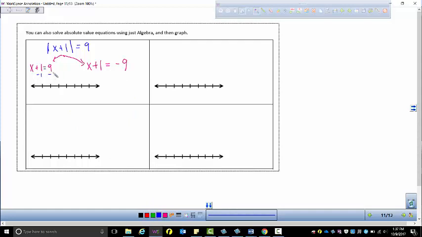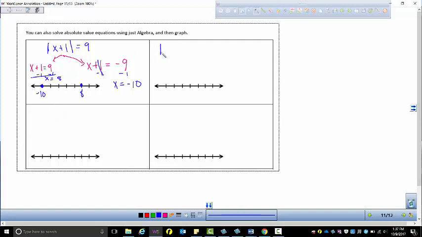Minus 1, minus 1, so x equals 8. And then you do minus 1, minus 1, so x equals -10. So those are my 2 answers. If you were going to graph, you would have -10 and 8. Here are your 2 points. You know that the number in the middle would be -1.